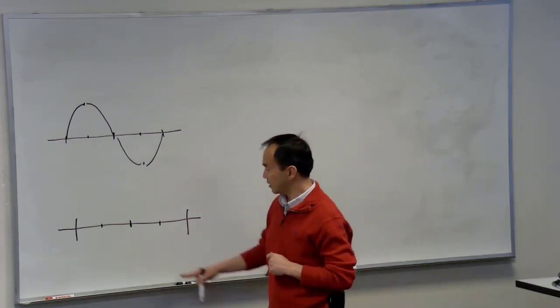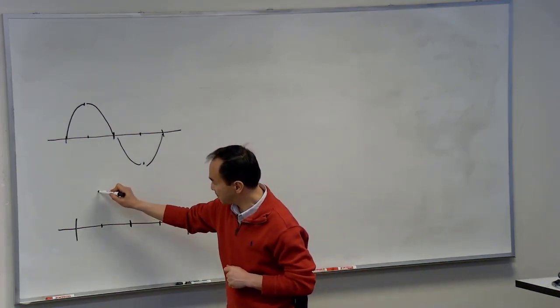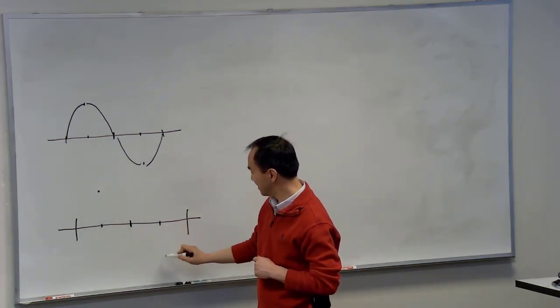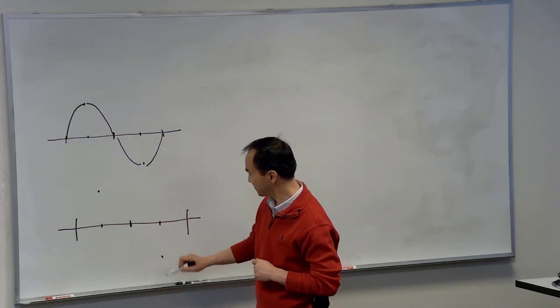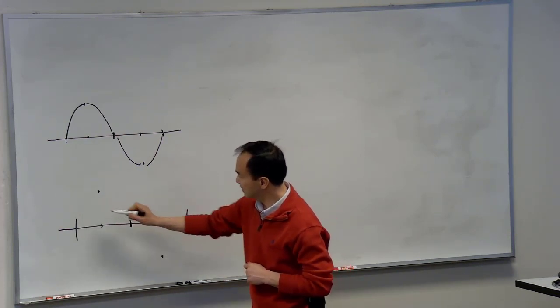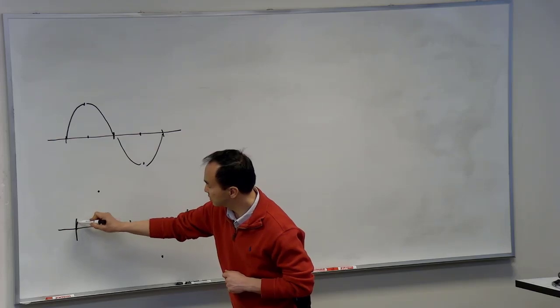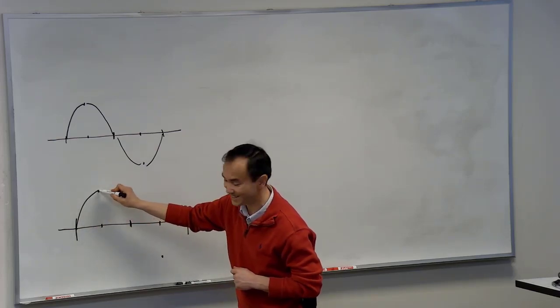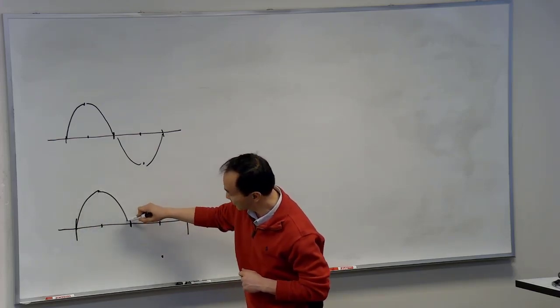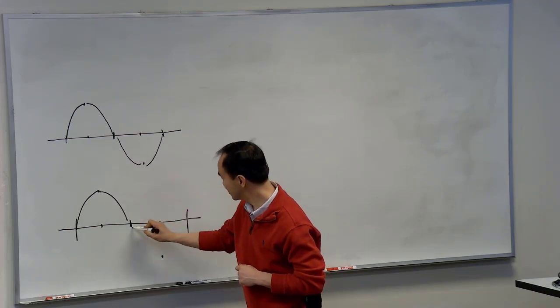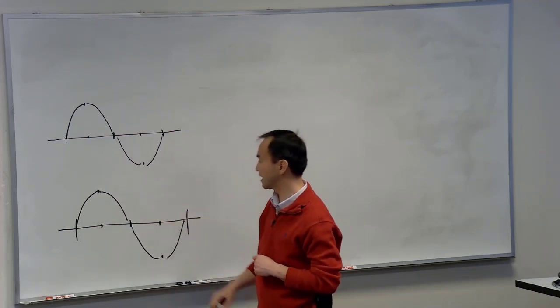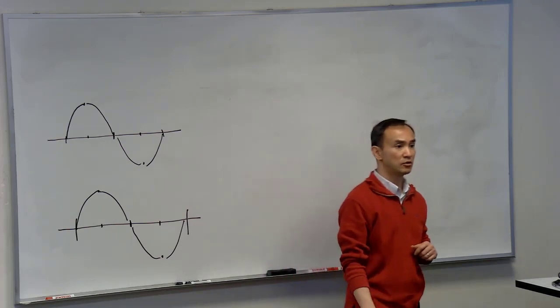Now at the first quarter we swing up to some height. Second quarter we swing down to a low, and the graph goes like this. Swing up, swing down, swing low and swing back up. That's the graph for sine.